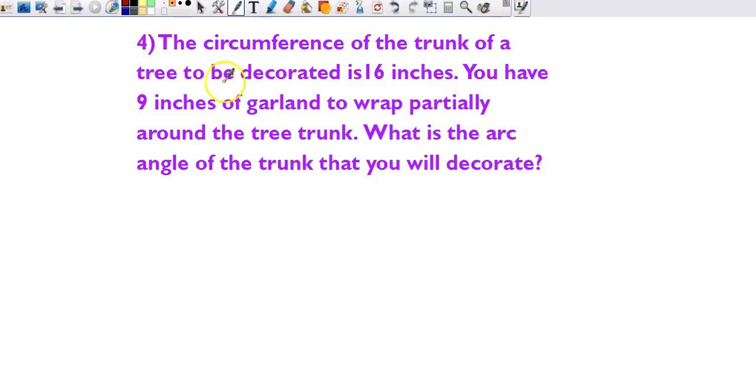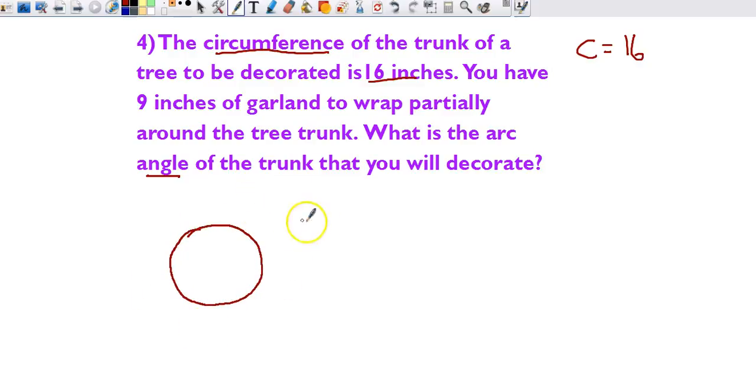All right, question 4. The circumference of the trunk of a tree to be decorated is 16 inches. So C equals 16. You have 9 inches of garland to wrap partially around the tree trunk. What is the arc angle of the trunk that you will decorate? So let's take a look at maybe the top view of this trunk. We've got a tree trunk.